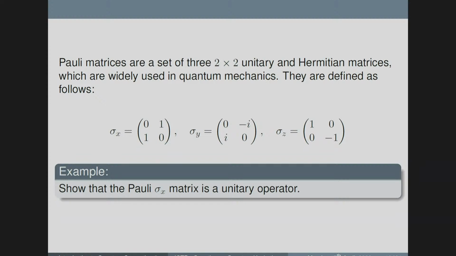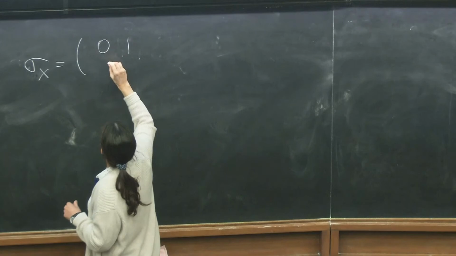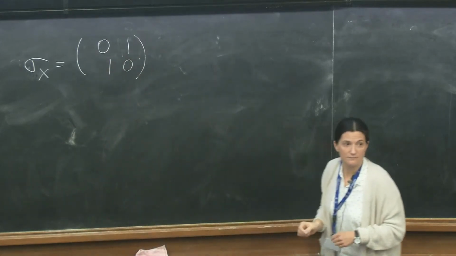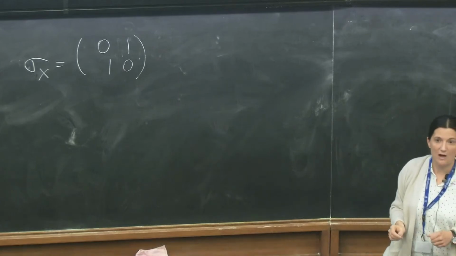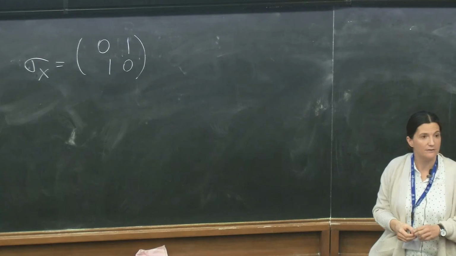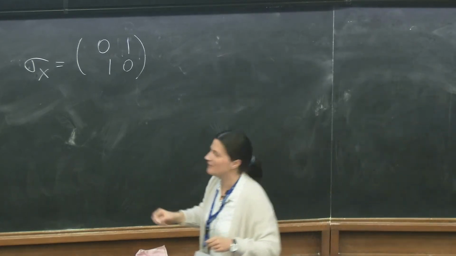So you have sigma x, which is 0, 1, 1, 0. How do you show that this is a unitary operator? Got it?